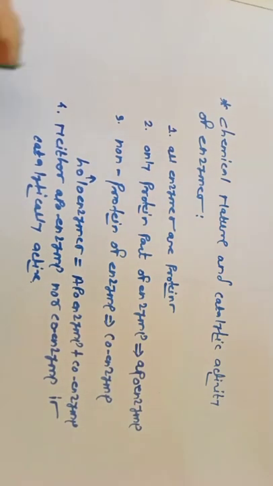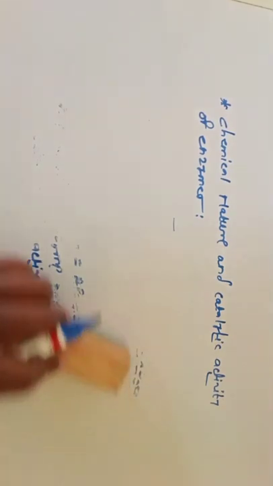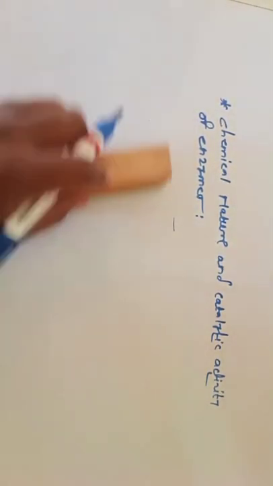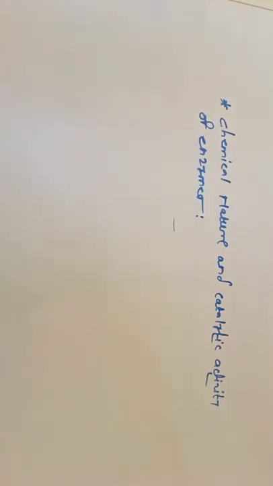Let us discuss the next important points regarding the chemical nature and catalytic activity of the enzyme. This holoenzyme is a combination of apoenzyme and coenzyme. The protein part is known as apoenzyme, while the non-protein part is known as coenzyme.